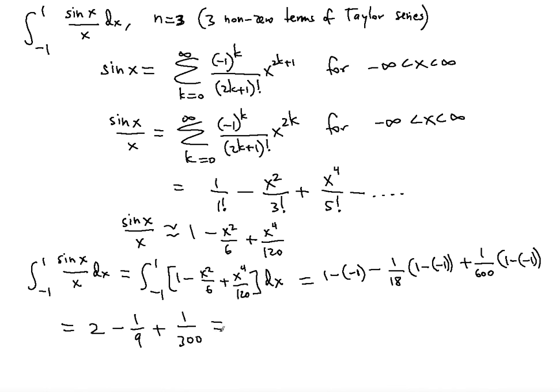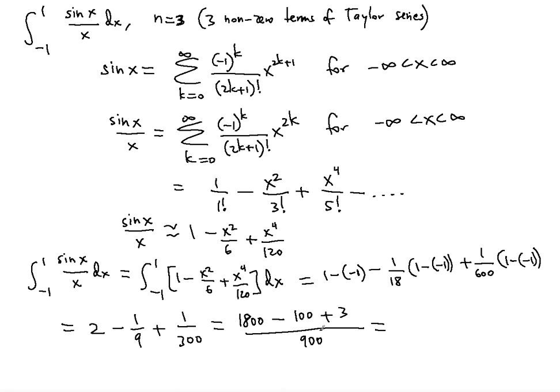Now we know that the least common multiple is 900 for these three. 900 times 2 is 1800 minus, and to get 900 in the denominator, you will need to multiply it by 100, so minus 100 plus, and this will be multiplied by 3 in order to yield 900, so 3, and the whole thing divided by the least common denominator in this case.